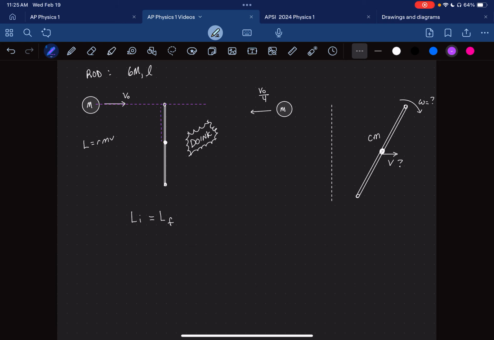So R would be this distance here, which is of course half the length of the rod. So this would be L over 2 times the mass of the ball, which is M, times the velocity of the ball, which is V naught.